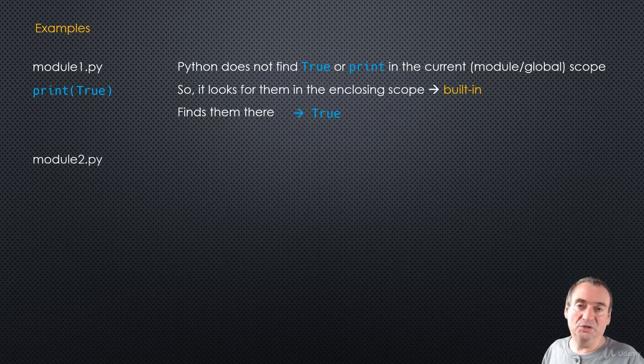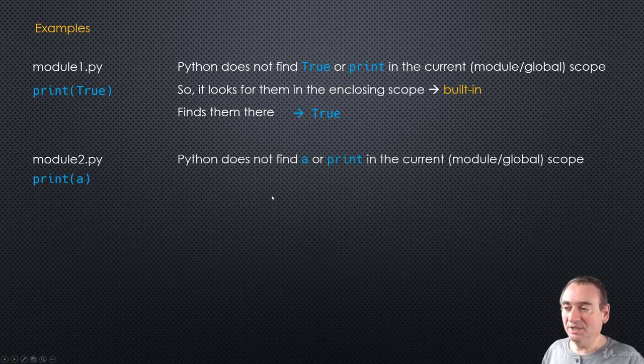Let's take a look at another module. Let's say module number 2. And this is the only line of code that we have in the module. We have print a. Well, you probably should know by now that print a is going to cause a runtime error. Why? Well, a is not defined. Well, what does that mean, not defined, right? Well, here's what happens. Python doesn't find a or print in the current scope, which is the module or the global scope.